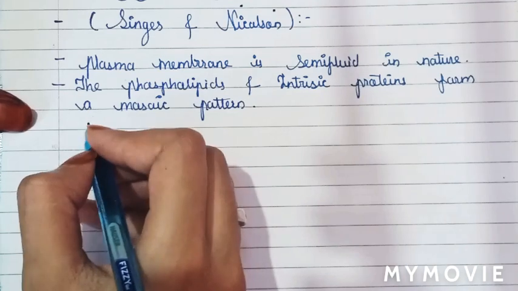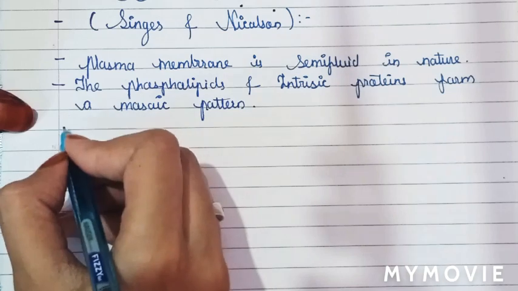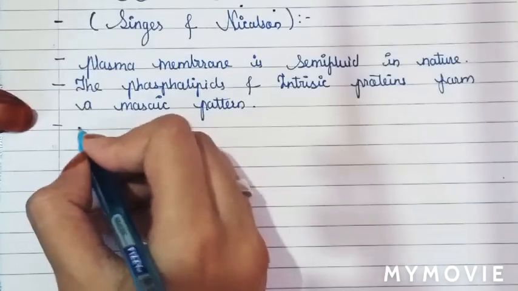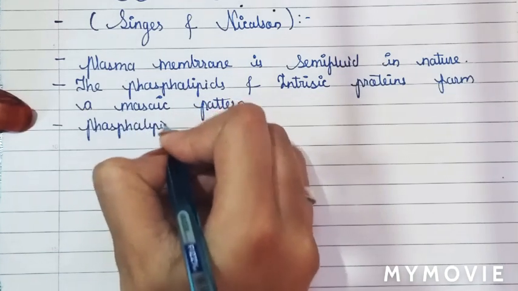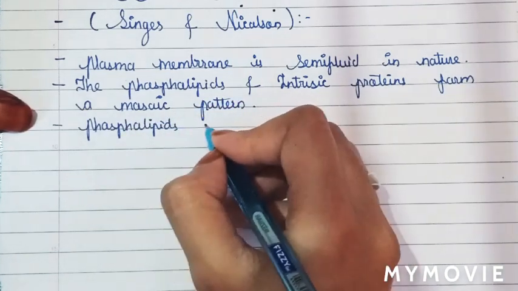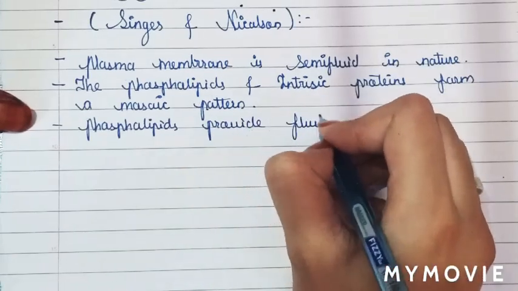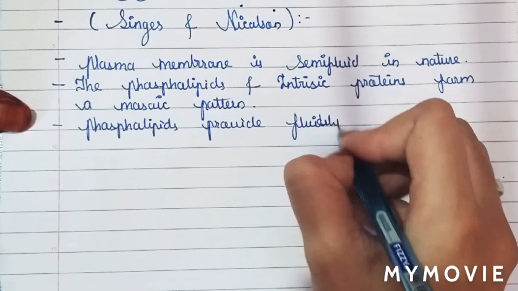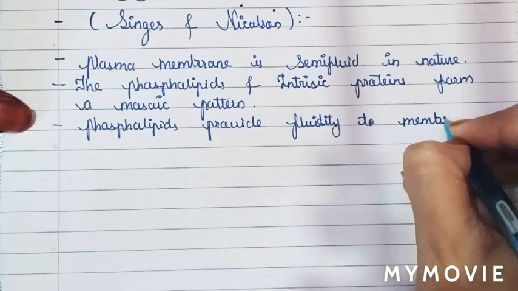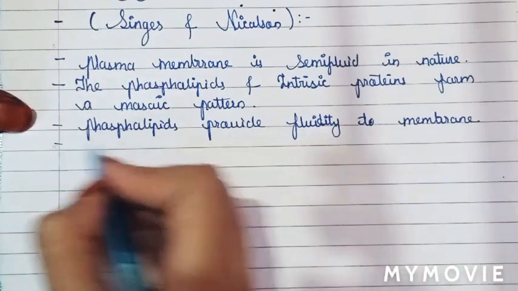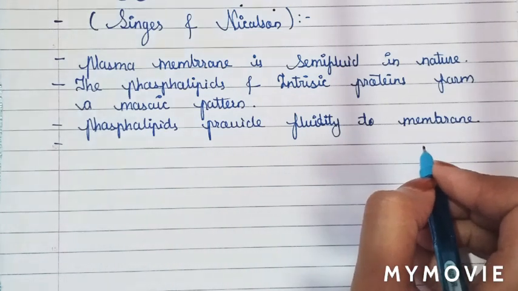Now, the phospholipid components of a cell membrane provide fluidity to the membrane, so we will write here that phospholipids or cholesterol provide fluidity to the membrane.